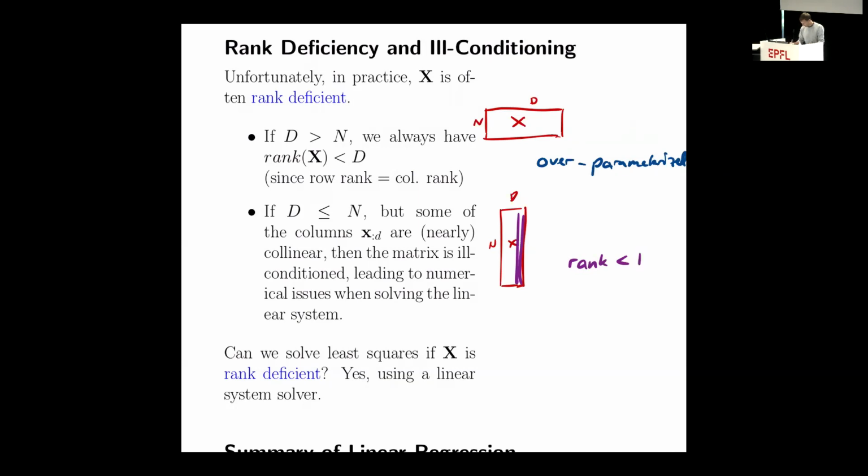Even if the shape of this matrix looks convenient to have rank D, it might not, because one column might be duplicated, one column might be 0, lots of things might happen.